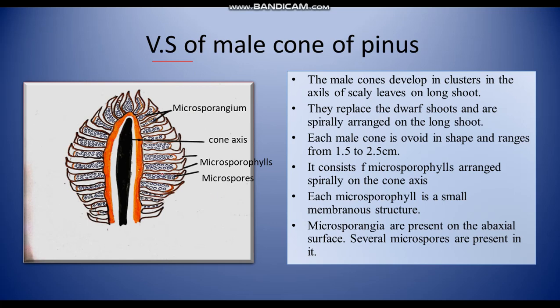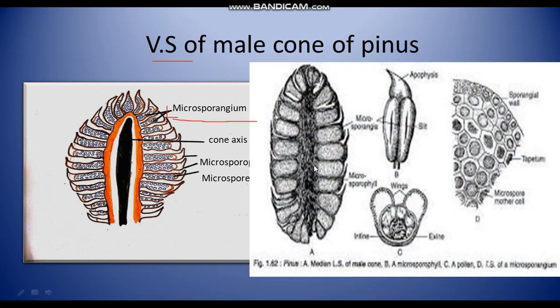These microsporophylls have microsporangia in them, and you can see these microsporangia and also the cone axis. Microsporangia bear microspores in them. How are microsporangia arranged? We can understand from this diagram that this is an apophysis. Below this apophysis you can see the microsporangia, and two microsporangia are there.